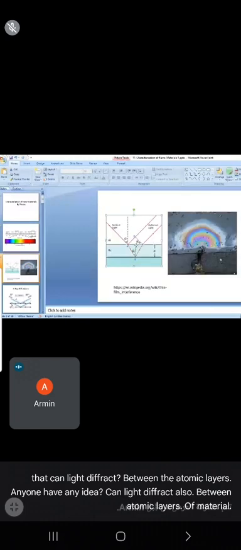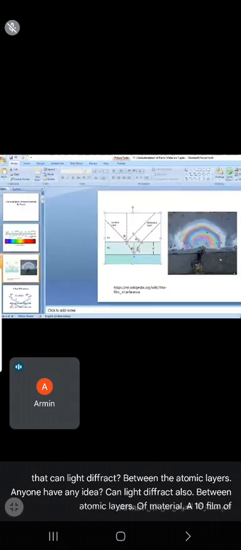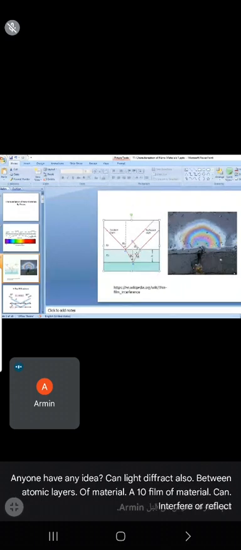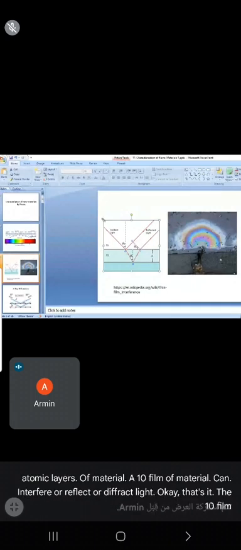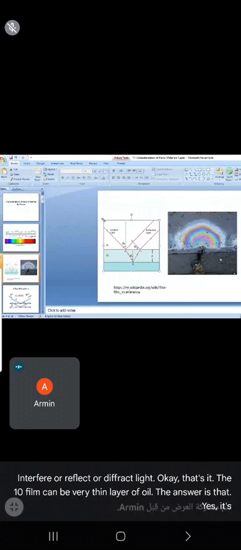A thin film of material can interfere or reflect or diffract light. Okay, a thin film. The thin film can be a very thin layer of oil. The answer is that yes, it can.